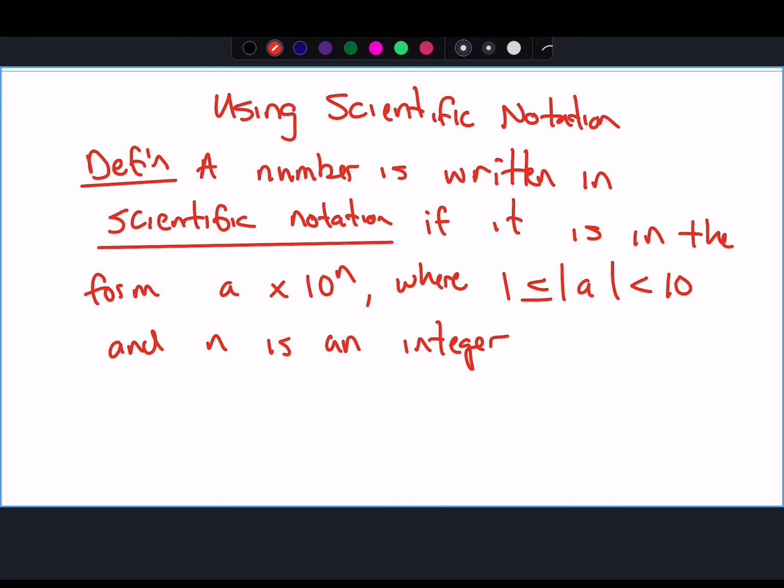And a has to be between 1 and 10, strictly less than 10 and can be equal to 1. What does that mean for practical purposes? It means that this part that you have times 10 to some power has to be a number that has 1 digit to the left of the decimal. If you have 2 digits to the left of your decimal, it's not in scientific notation. Questions?